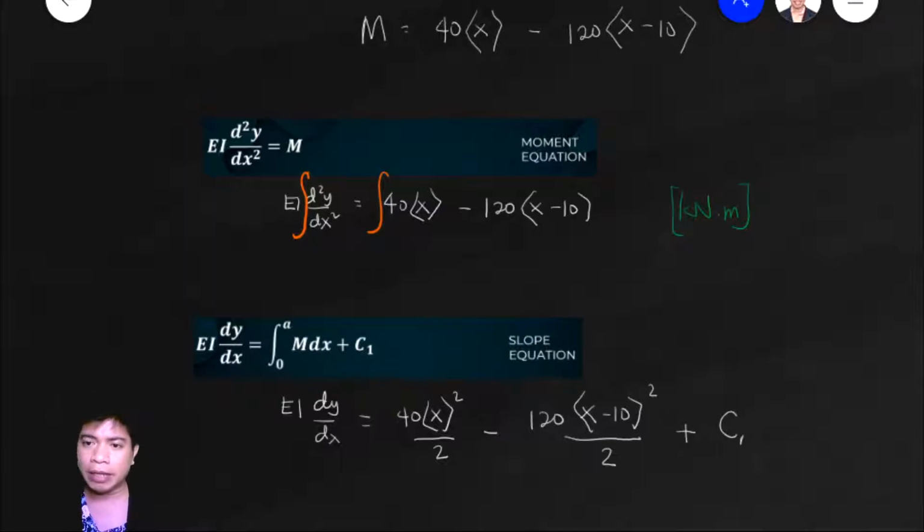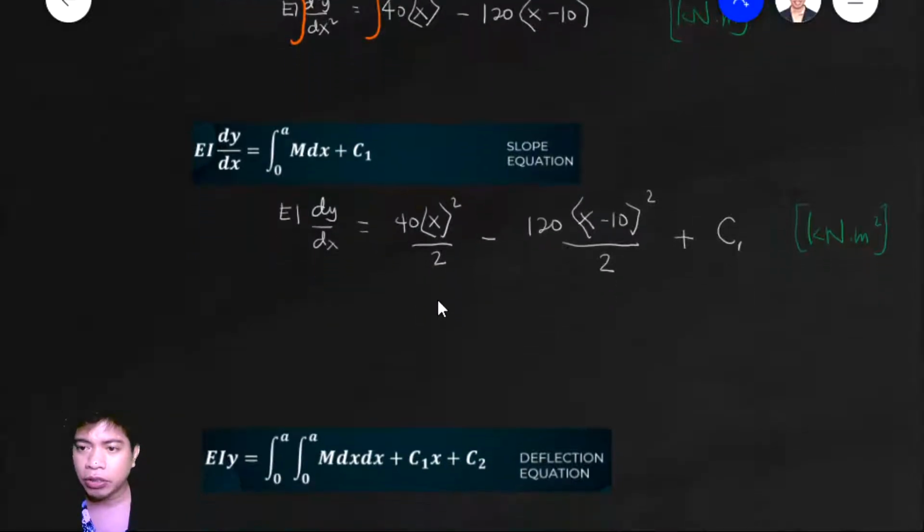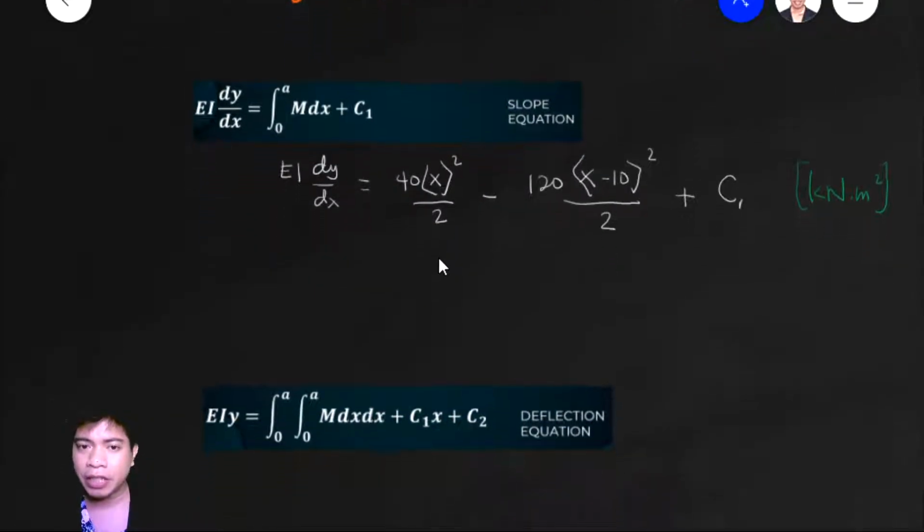So ito na nga yung ating magiging slope equation. Okay, so yung unit natin, guys, na ating slope equation is, of course, kilonewton square meter. Okay? So hindi pa to final, guys, kasi kailangan pa natin makuha mamaya si C1. Okay? So para naman sa ating deflection equation, all we need to do is integrate ng isa pa, para makuha nga si deflection equation.